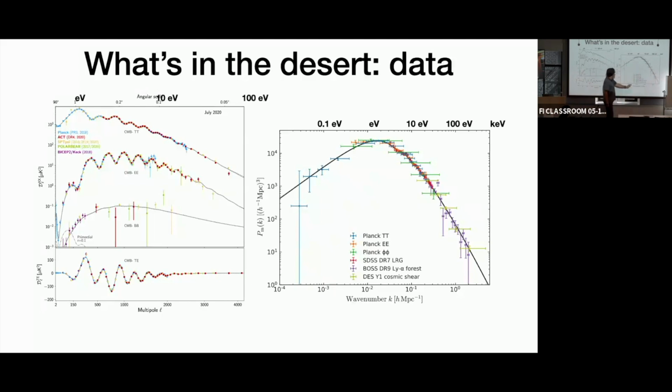When you are down here at 10 to the minus 3, so 10 gigaparsecs, then you're talking about a fraction of an eV and up. So this set of distance scales maps onto a region of energy scales, of temperature scales, where we can learn about what kinds of things were going on early in the universe. And you can do the same thing with the CMB in terms of multipole, and it's a very similar set of energies.